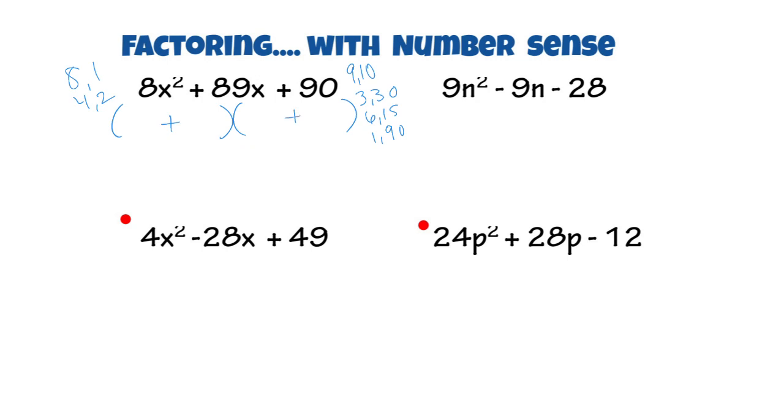That also means that when you do your outer and your inner, that's going to get you this 89. You are trying to build these up big enough so that you're up to an 89. 89 is kind of extreme. We're going to have to use some kind of big numbers multiplied to get up that high. So these 2 outer and inner have to add up to an 89.